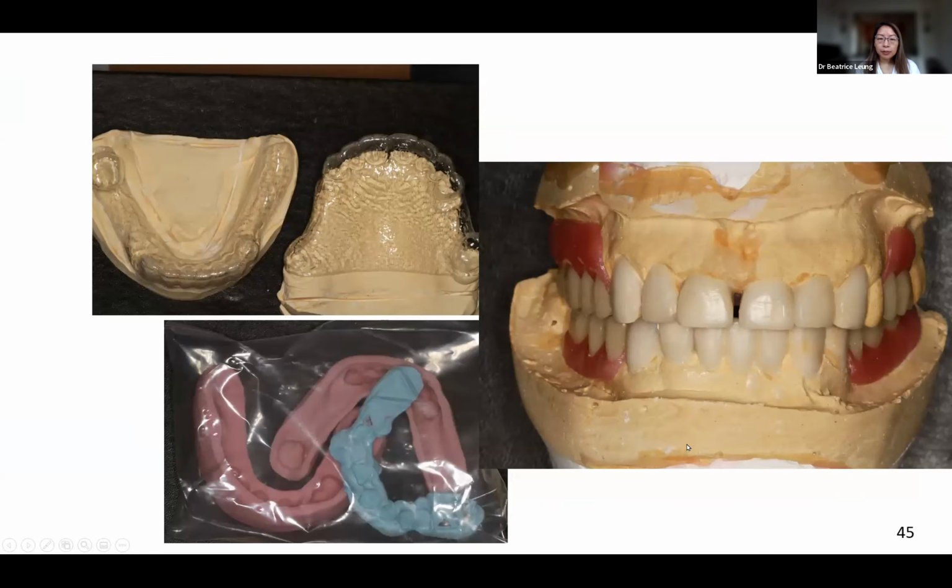If the tooth is missing to begin with, you may have to do a little bit of prep work, where you take the impression, wax up the tooth, duplicate it, and make sure you have an index, whether it's a vacuum form matrix or a putty index of some sort. These are the prep work that you often have to think about if you are going to make an immediate implant temporary crown.